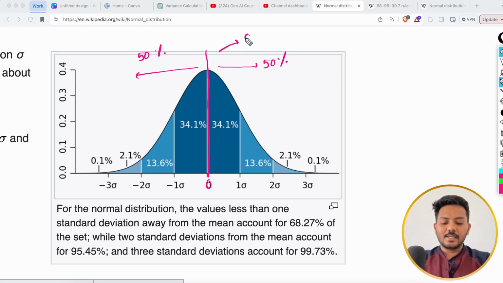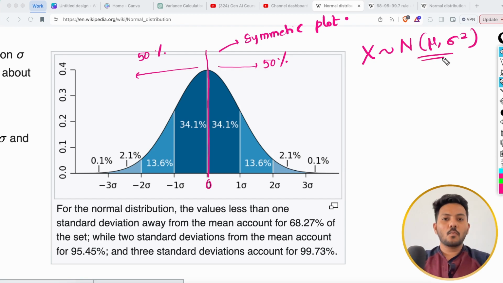Clear? And this is a symmetric plot, right? So let's say my dataset is X and it is following a normal distribution with mean mu and variance sigma square. Given that we know the variance, we can calculate the standard deviation, which is basically the square root of variance.